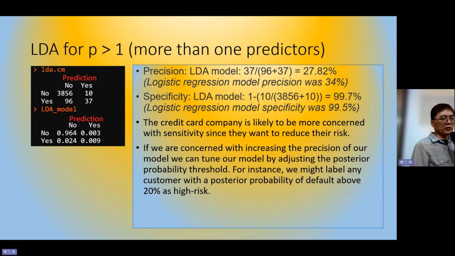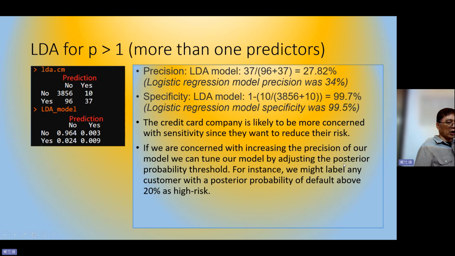If we are concerned with the precision of our model, then probably we need to tune up our model by adjusting the posterior probability threshold. So here comes the threshold again.